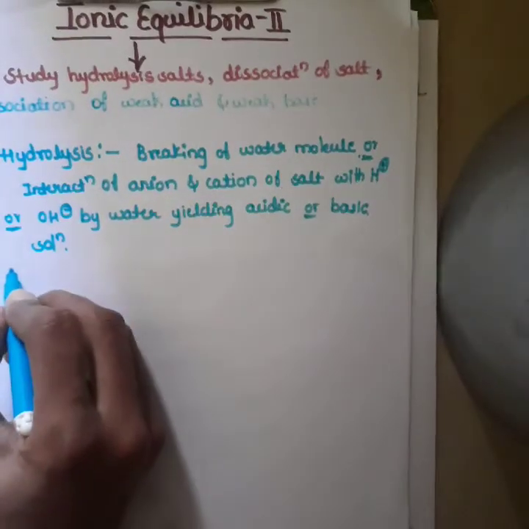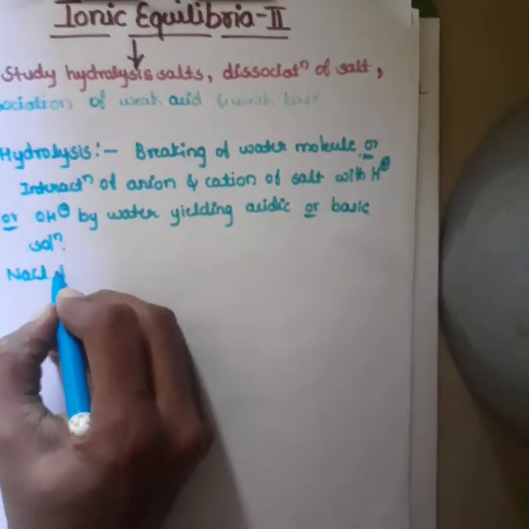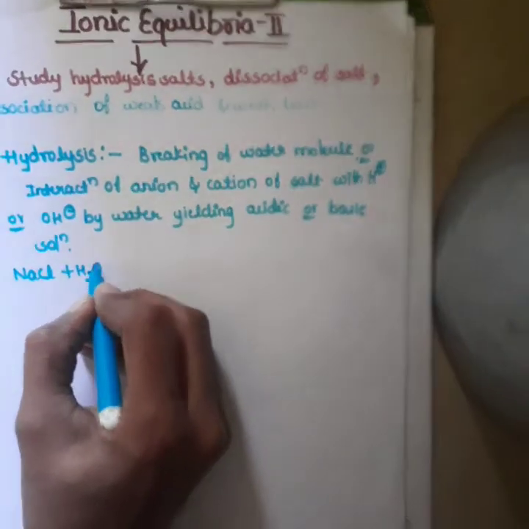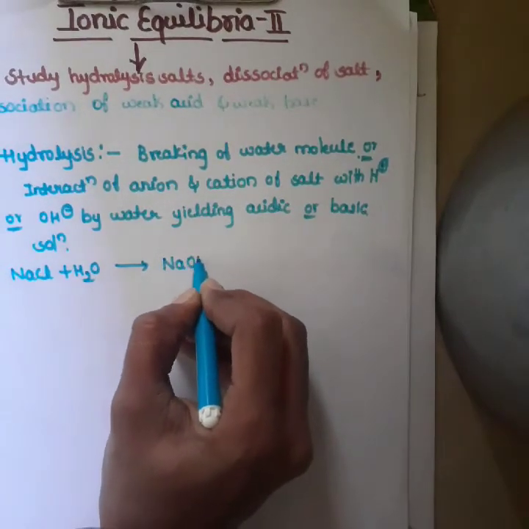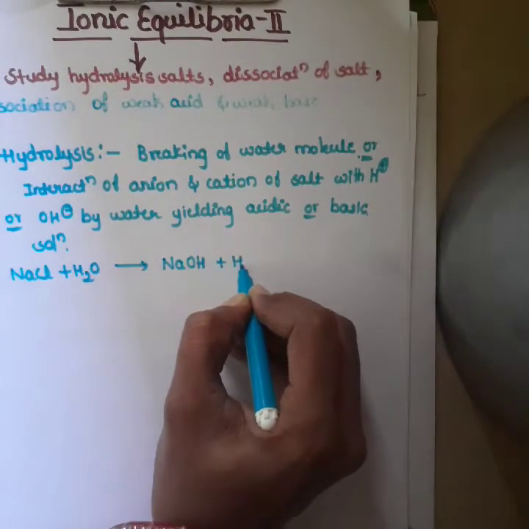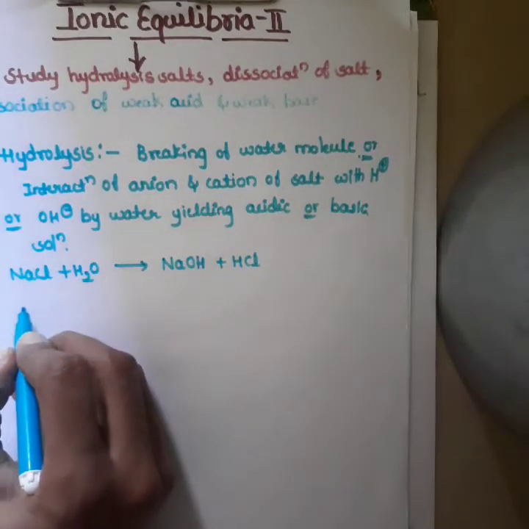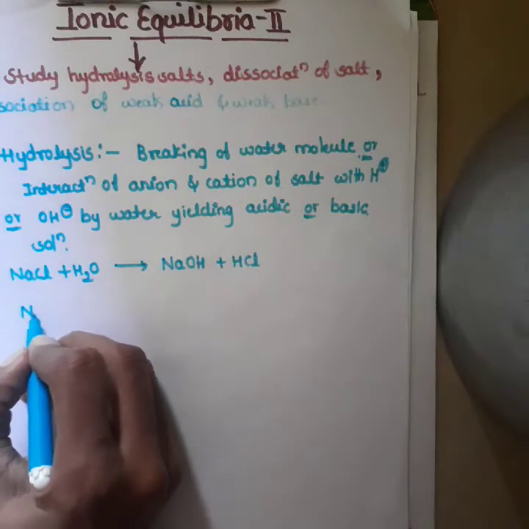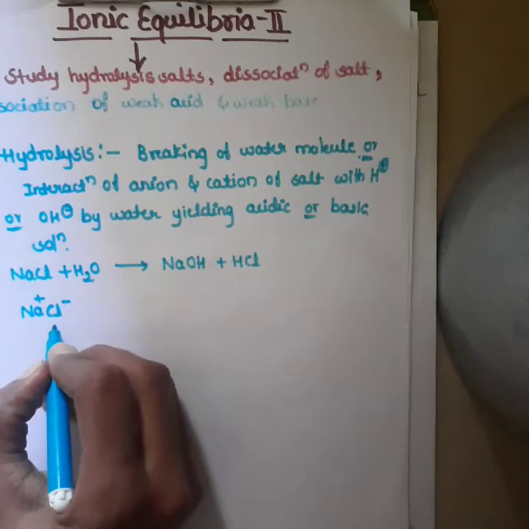For example, NaCl. Consider one salt interacting with H2O. It will give NaOH plus HCl. In this reaction, consider interaction of anion and cation of salt. Na plus is cation, Cl minus is anion.